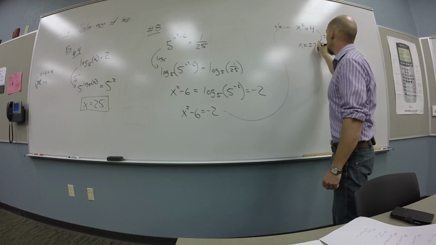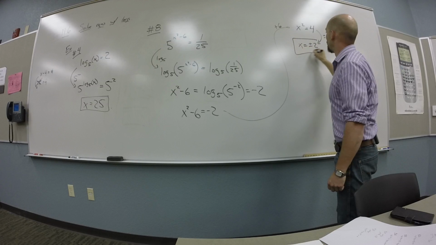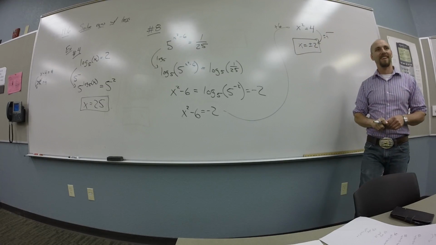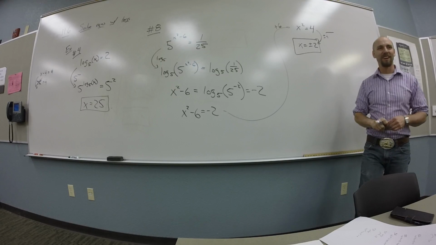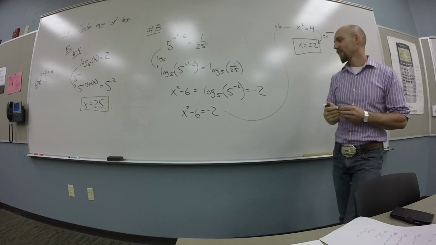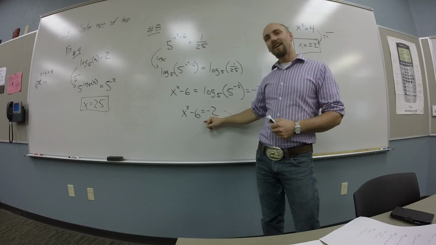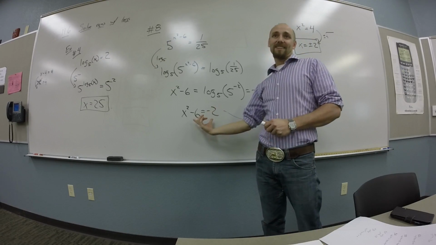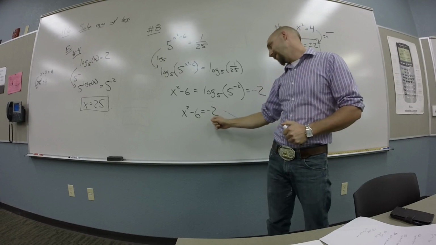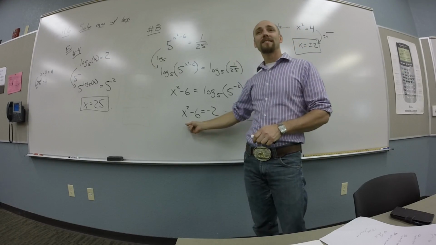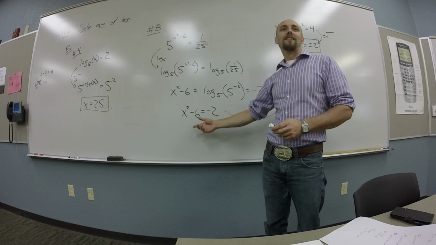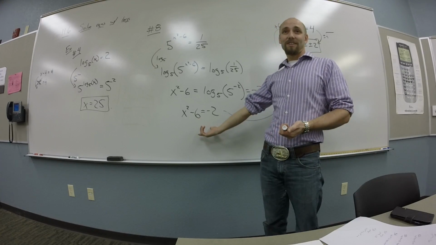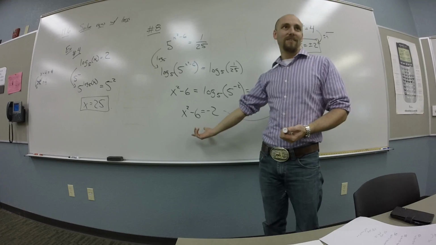Can you do it again? I was writing. Which part? The whole thing? No, just when you got to the quadratic. Okay, so I got to here, right? And then I said, okay, this is a quadratic that I'm having to solve. I could add 2 to both sides, and then I'd have a difference of squares. You guys see that?